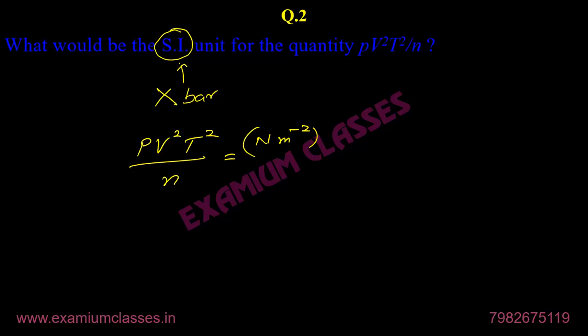Then V is meter cube. Then temperature is Kelvin, so Kelvin square. Now it is meter cube whole square, because it is V square, divided by mole.